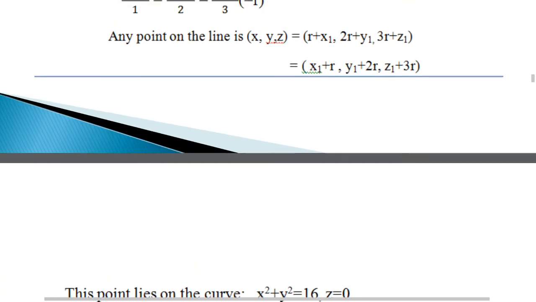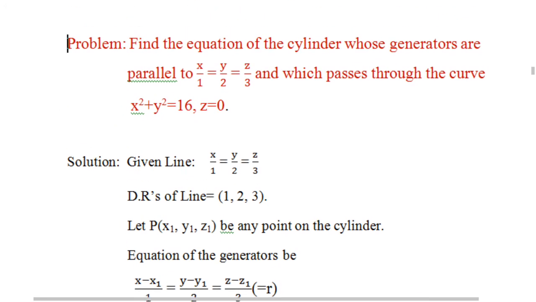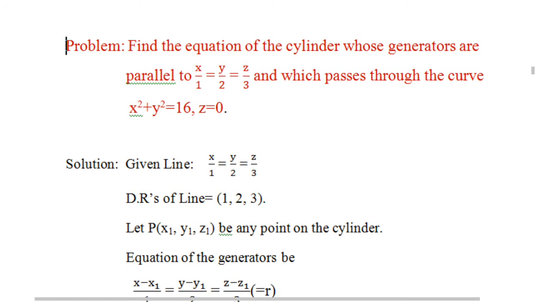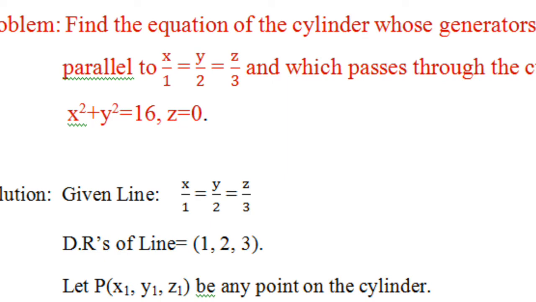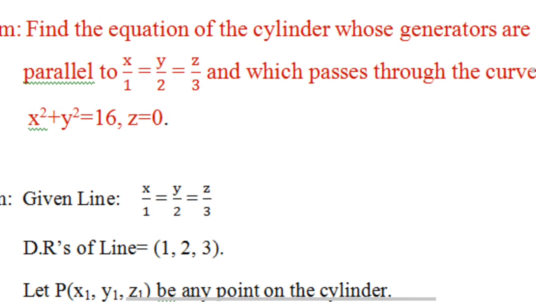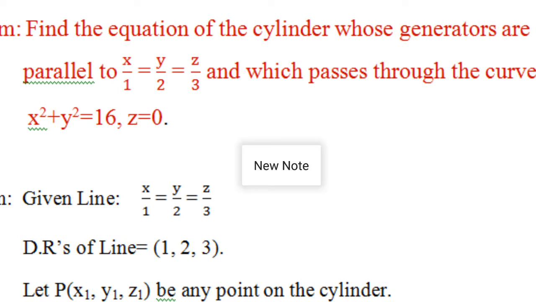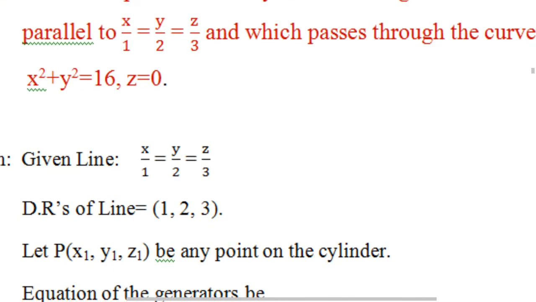Let us have a look once again. The problem is finding the equation of the cylinder whose generators are parallel to the given line and which passes through the curve. For this, first of all, take the given line. The DRs of this line are 1, 2, 3. Now take any point P(x1, y1, z1).